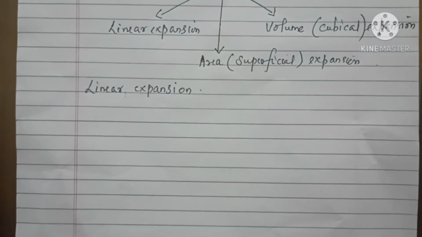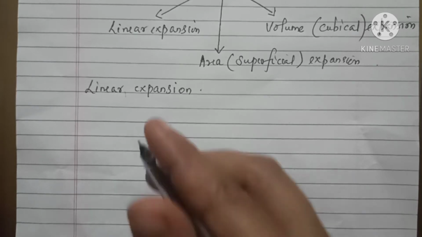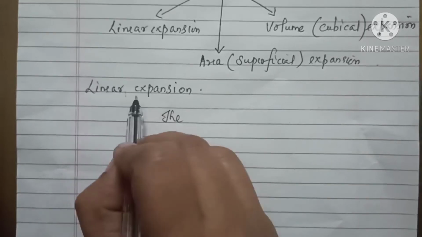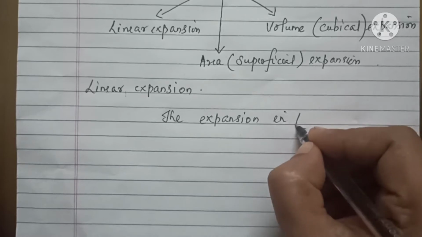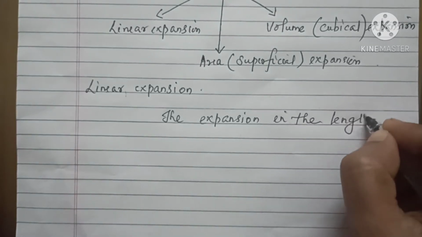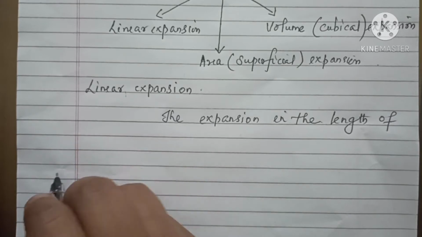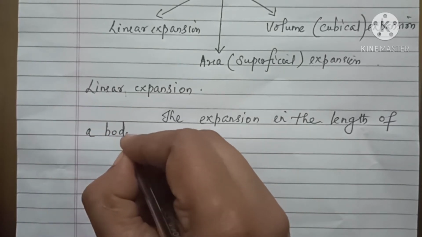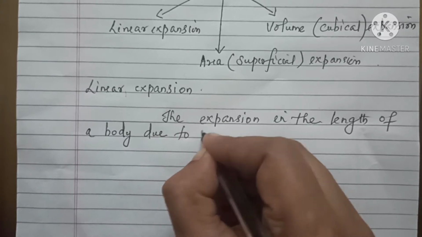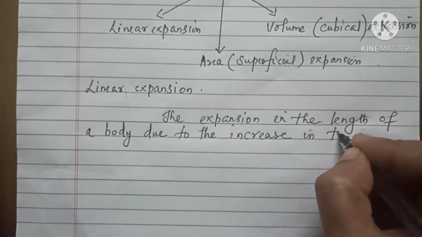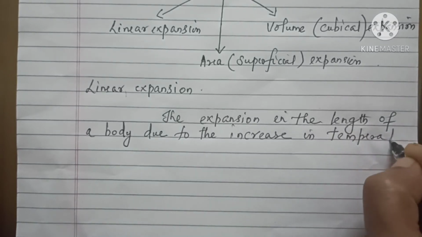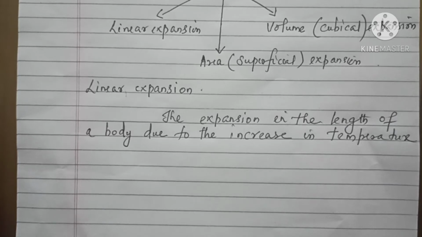So as I told, linear expansion is the expansion in the length of a body due to the increase in its temperature. Linear means lengthwise. Okay, so it is known as linear expansion.